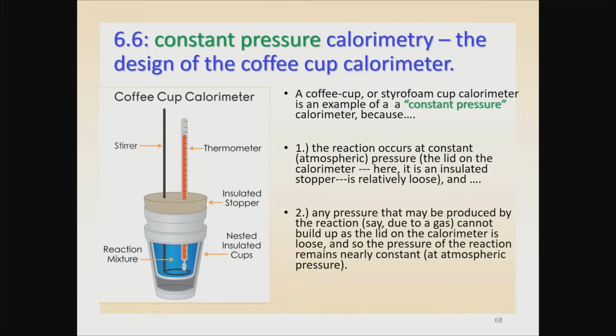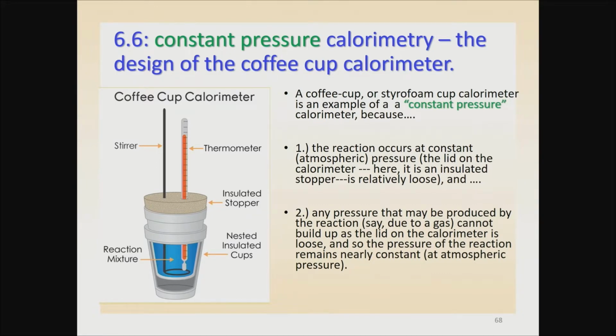Constant pressure calorimetry is a little bit different than constant volume calorimetry. And so with constant pressure calorimetry, our goal is to measure energy changes of a chemical reaction when that chemical reaction is at constant pressure.